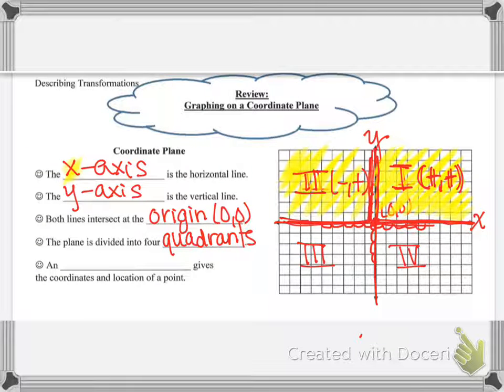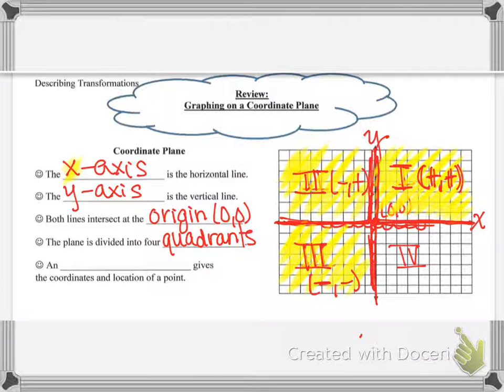So you can probably guess that if we were looking over here at quadrant 3, any point that falls here in quadrant 3 is going to have to be a negative, negative, because we're going from the origin back in a negative direction and then down.